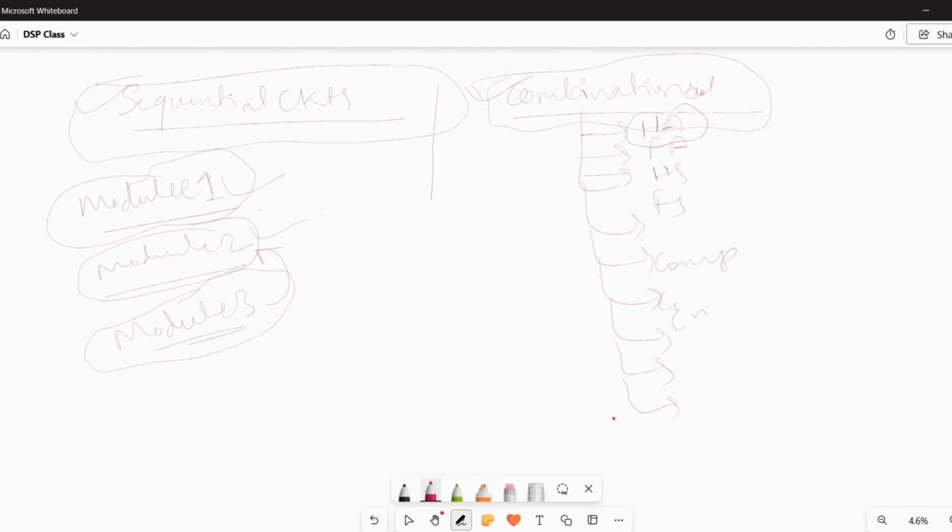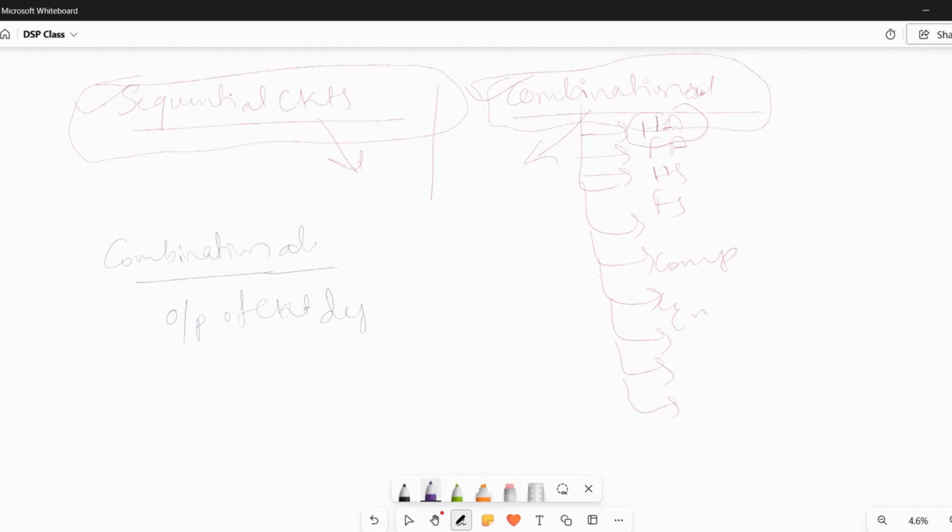What is the main difference between combinational circuits and sequential circuits? In combinational circuits, the output of the circuit depends only on the present input.